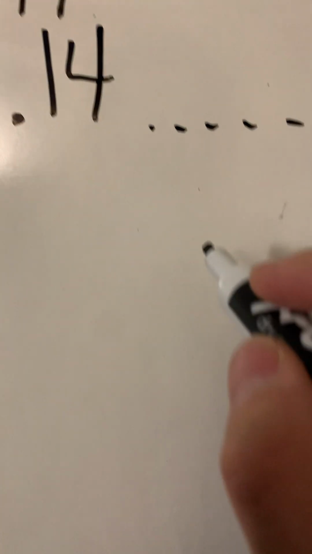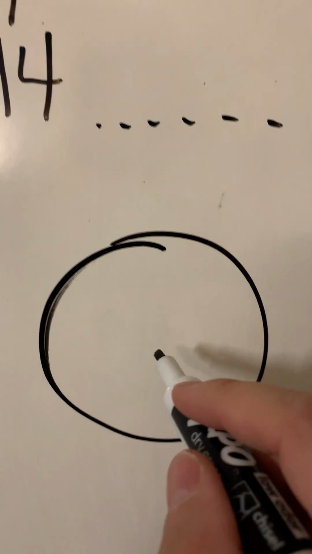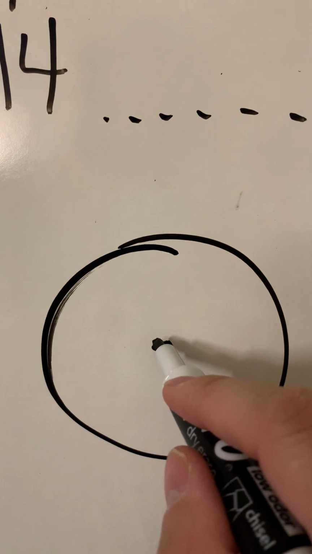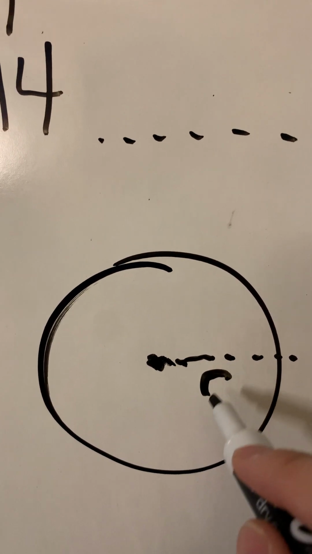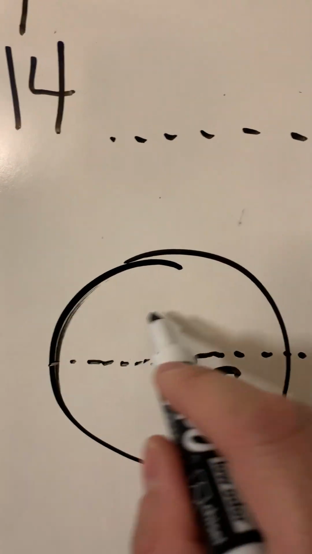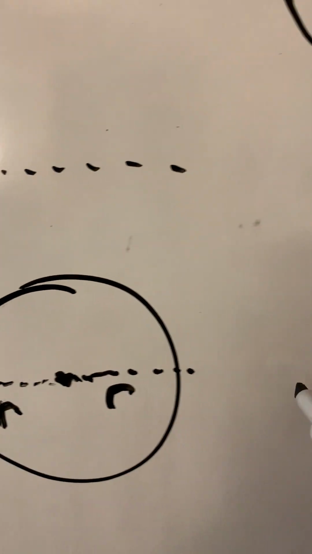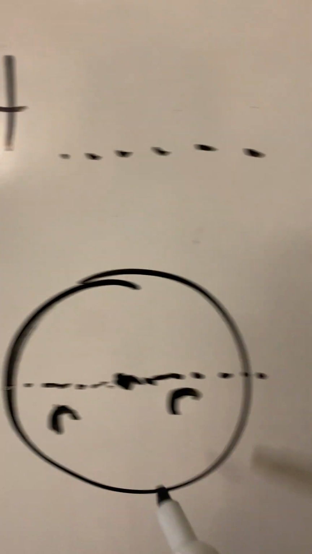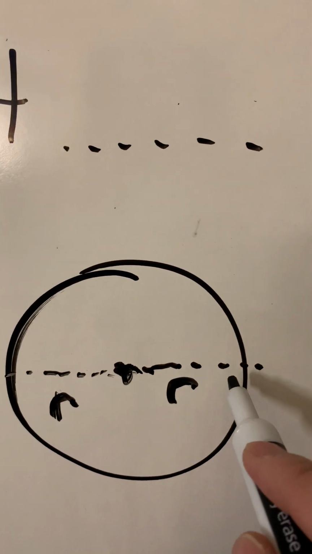Okay, so let's draw another circle here. Some of the characteristics of a circle is there is a center, and there's something called a radius. So this is a radius, and if you go all the way across, this is called the diameter, or diameter equals 2r, because you have a radius from one side to the middle, and the radius to the other side to the middle.